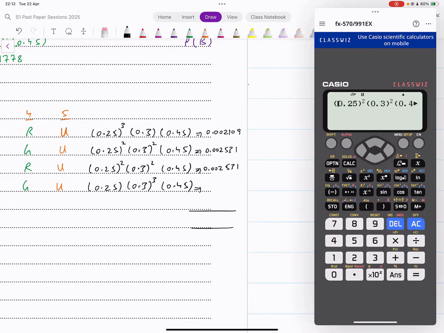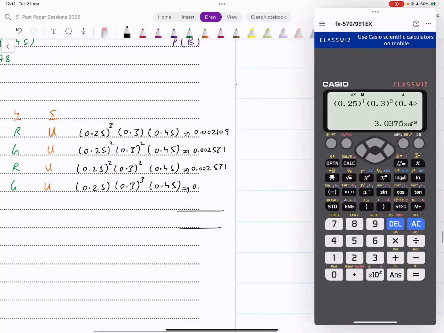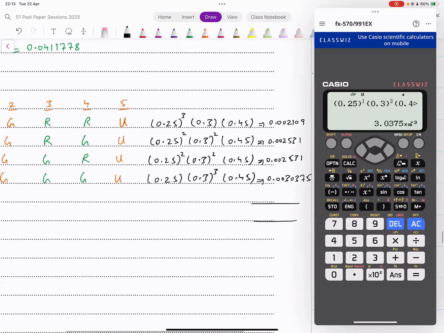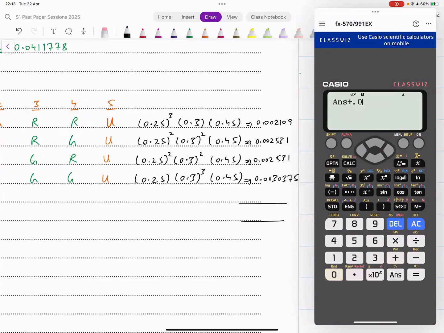And then the next one is 0.25 raised to power 1 into 0.3 raised to power 3. Those are very small numbers, 0.0030375.